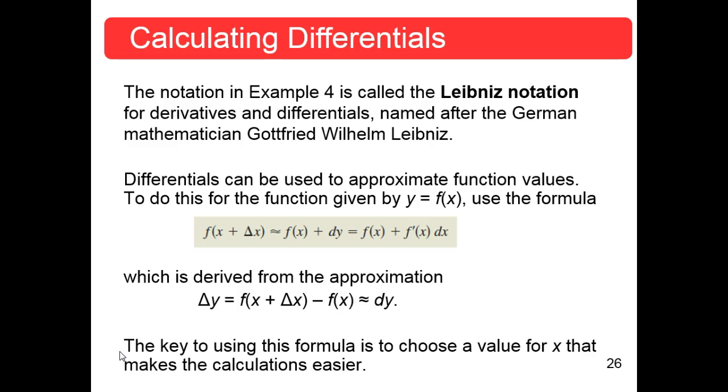All right, so the notation in example 4 is called the Leibniz notation for derivatives and for differentials, named after the German mathematician Gottfried Wilhelm Leibniz, whose picture is listed there. And by the way, I imagine you've heard this story before, but just in case you haven't, both Leibniz and Newton are credited with creating calculus.